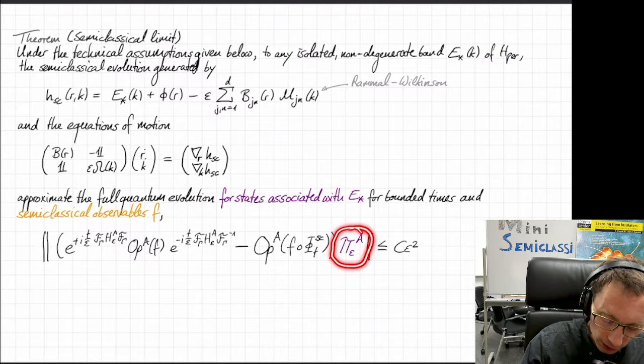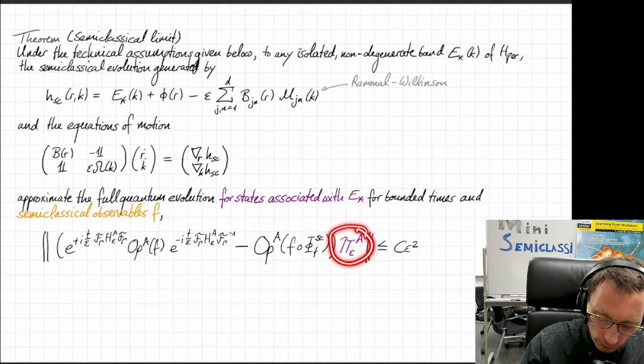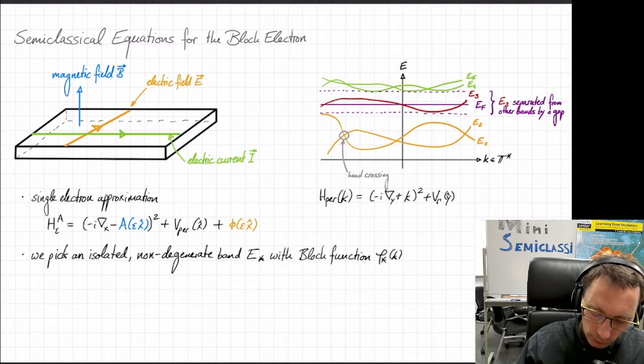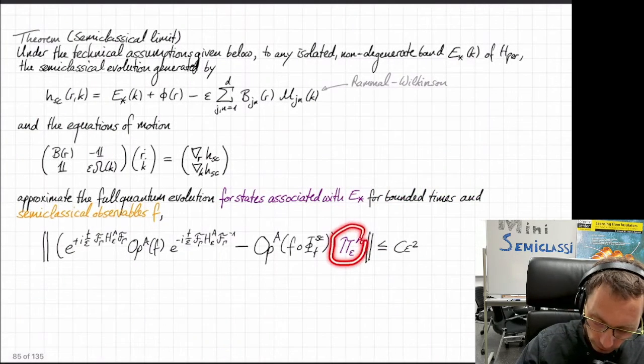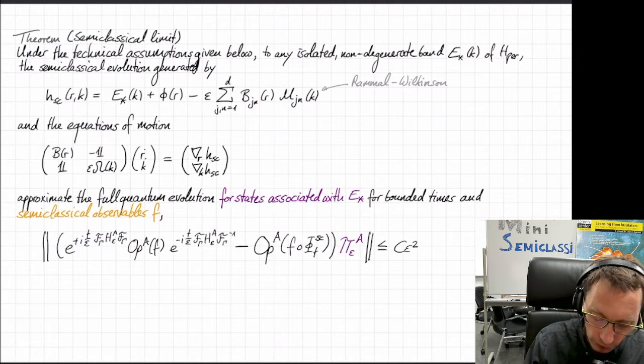What I mean is states that are taken from the range of this projection. So for these states that are, morally speaking, supported by this band, be it just a wave packet or really something delocalized, for any of those, can I replace the quantum evolution by the classical evolution in the sense of an Egorov theorem?